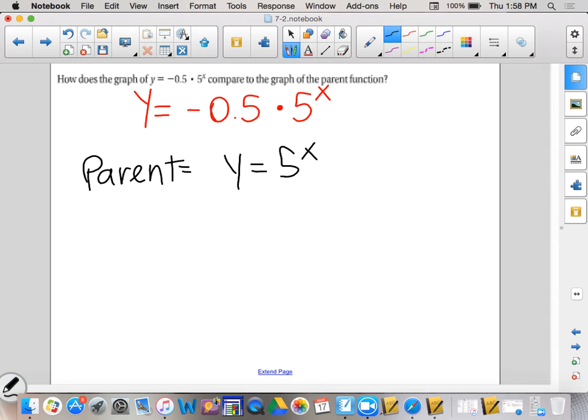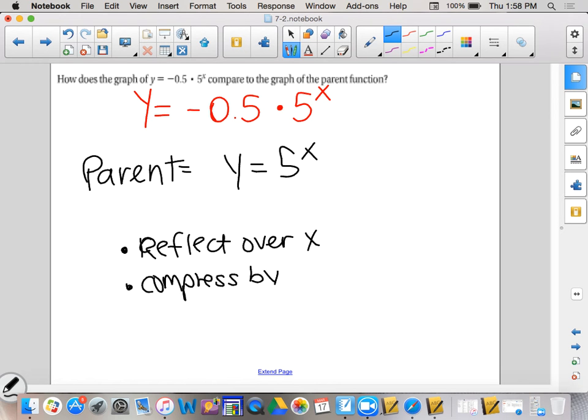So that means I'm going to compress it or stretch it or flip it or not flip it. I have to decide which. What does the negative tell me I'm going to do? And what does the 0.5 tell me I'm going to do? Compress it by 0.5.